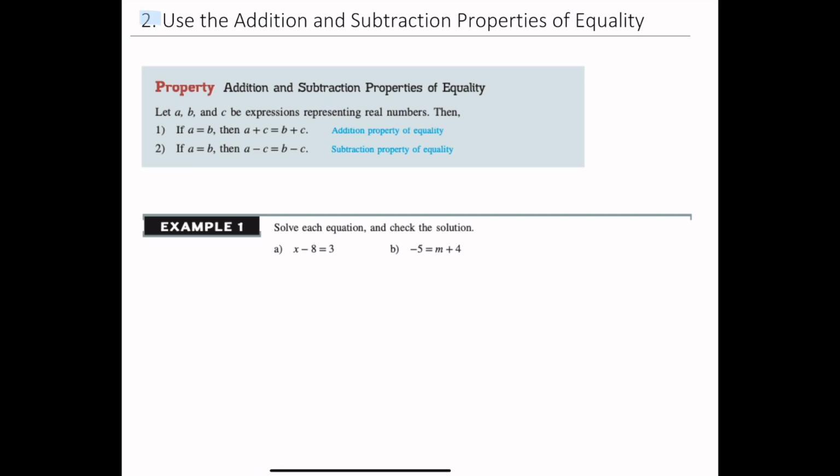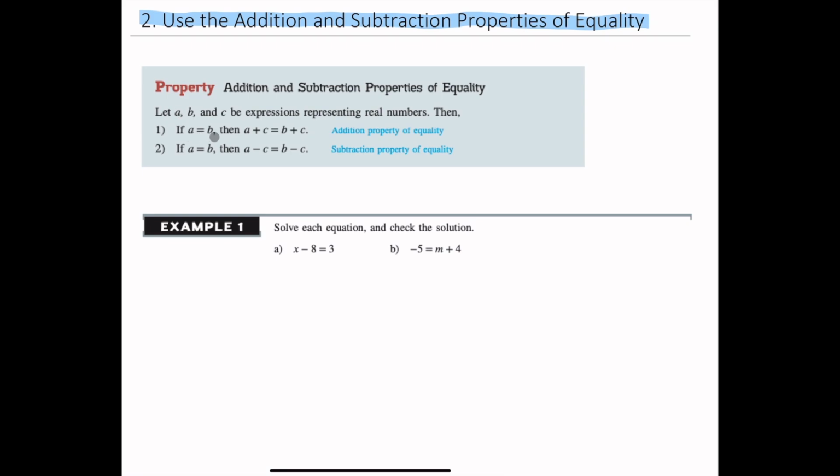So here we will use the addition and subtraction properties of equality. And the textbook gives us these statements. They say, let A, B, and C be expressions representing real numbers.